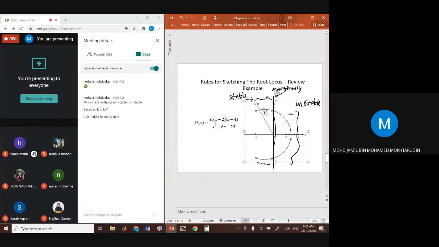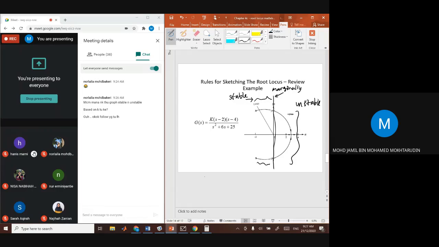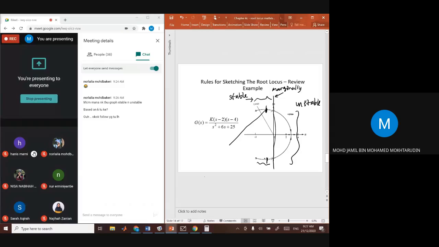Okay, at this point, for example, at the middle point here there are poles. So at this point here, for example, the poles for a system, but what is its K? There is a certain value of K. So to determine the value of K, you have to use the formula we learned in lecture 4A.